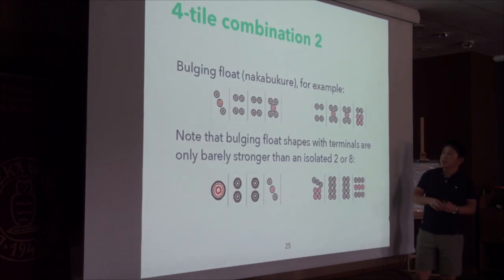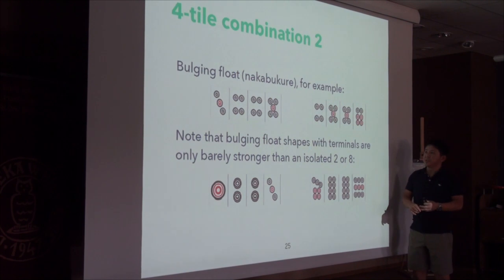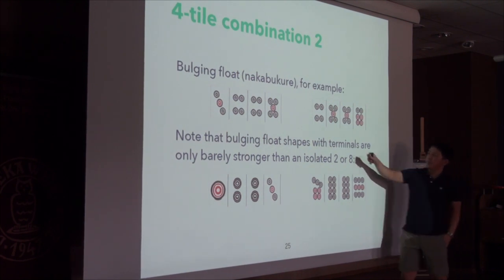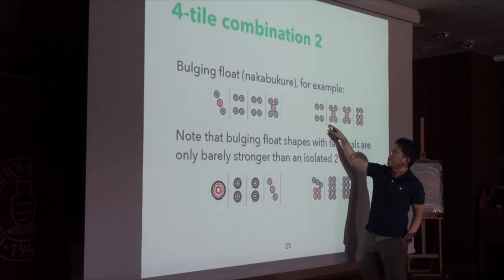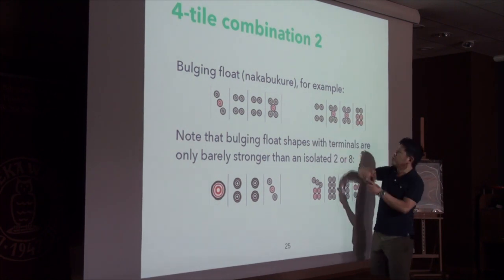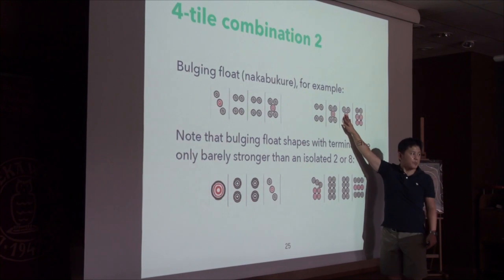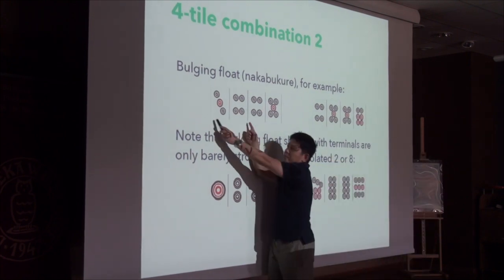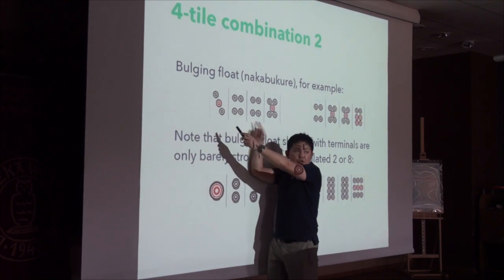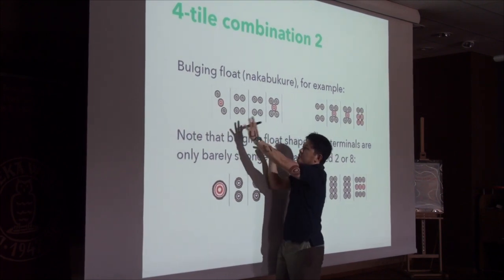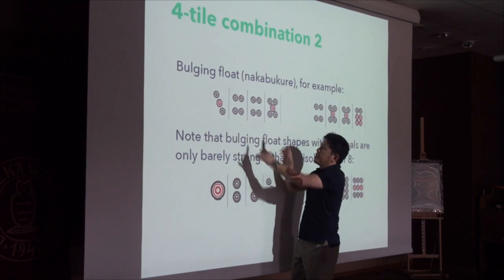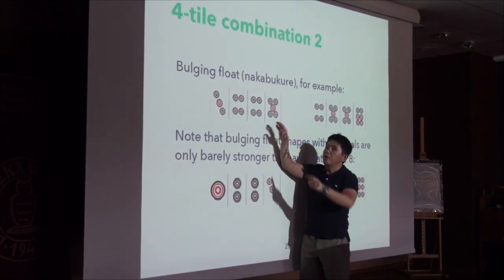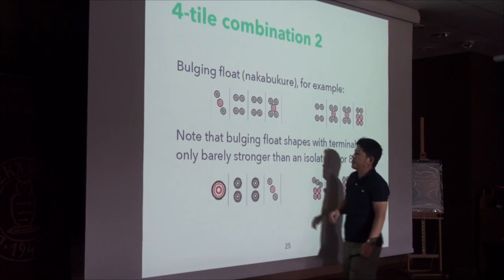Second kind of 4 tile combination is nakabukure shape or bulging float shape. For example, 3, 4, 4, 5 or 4, 5, 5, 6, right? So just one extra middle tile, right? So this is useful because drawing 2 and 5 will create 2 sideways protons, or one run plus sideways proton, or drawing 3 and 6 also creates 1 sideways proton, right?